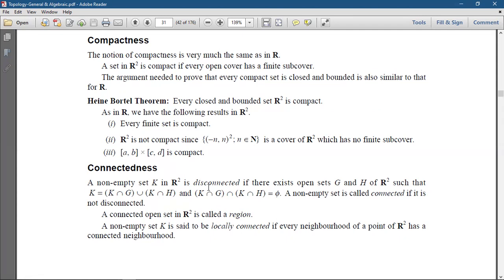And a non-empty set is called connected if it is not disconnected.